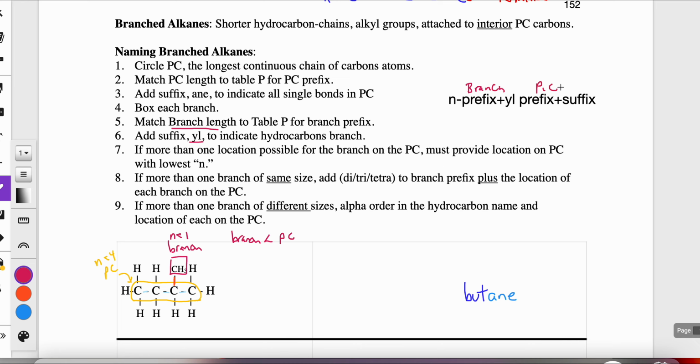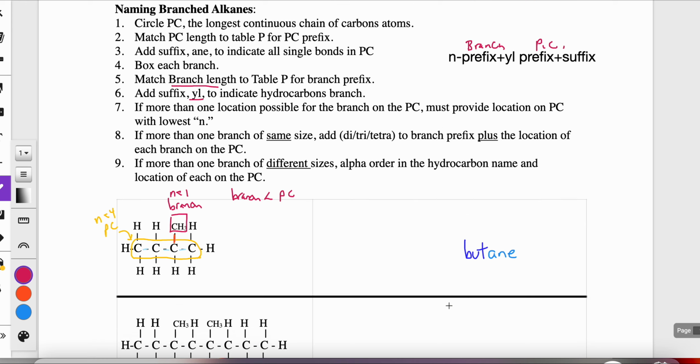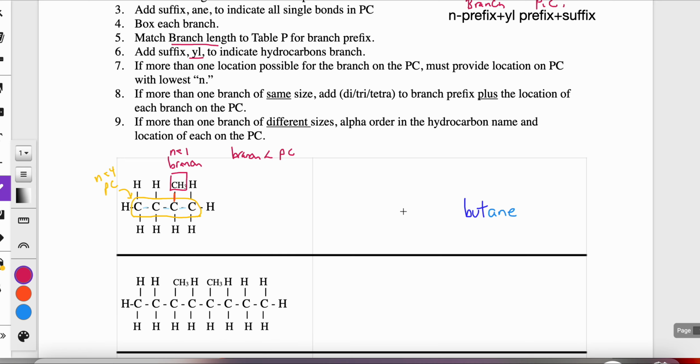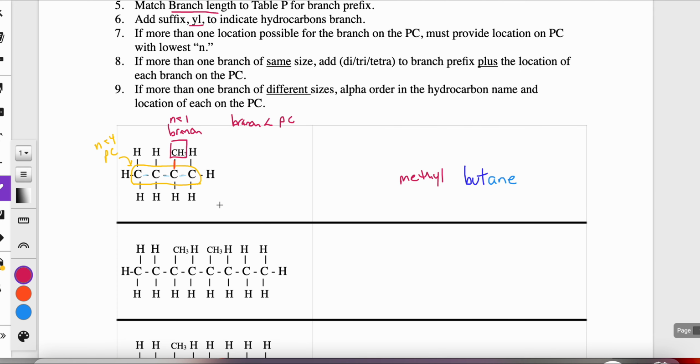So this is our parent chain information. So I would put the one carbon branch before butane. So this branch would be methyl. Now, what we have to determine, with this one, this is the only possible location for this particular branch.